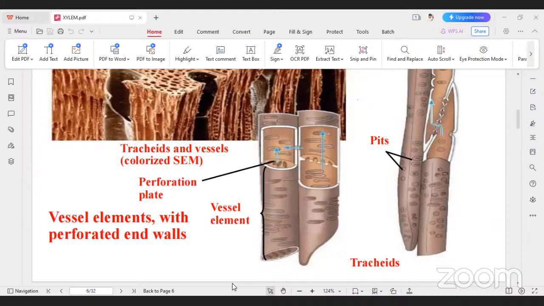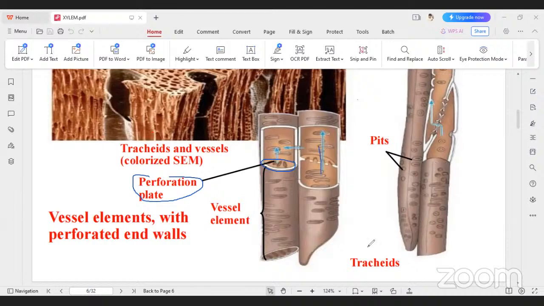These are perforation plates. This is one perforation plate, next another vessel cell. So water moves in this direction.